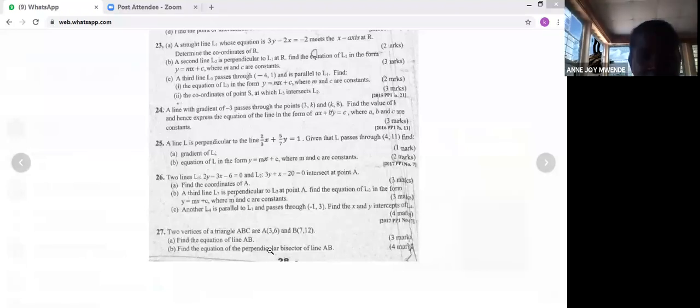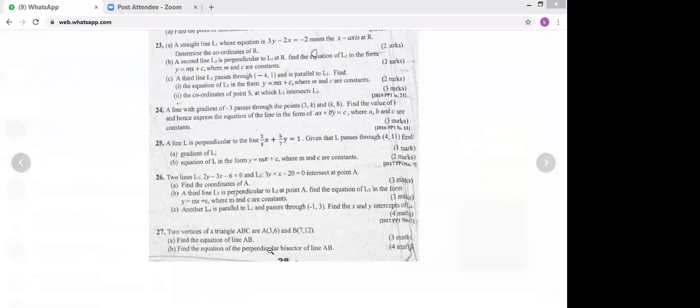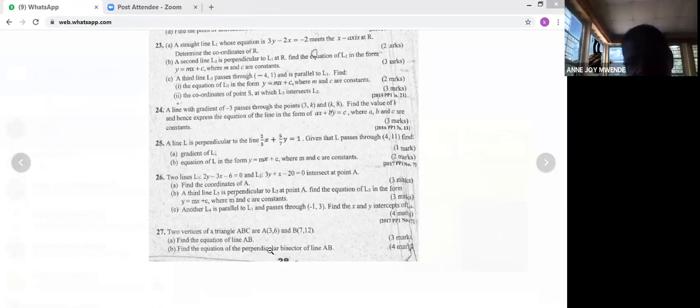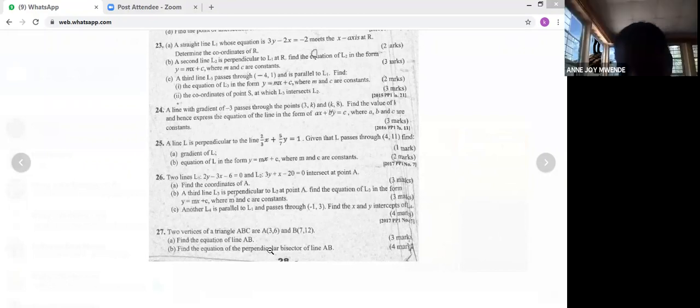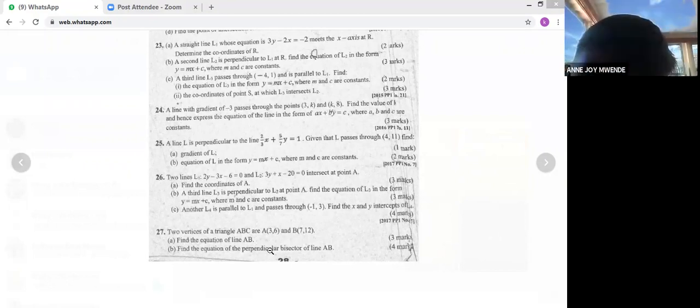Yes, Mdia, your hand is up. Unmute yourself. How do you get x and y intercepts? Okay, to get the y-intercept, the x value is 0.